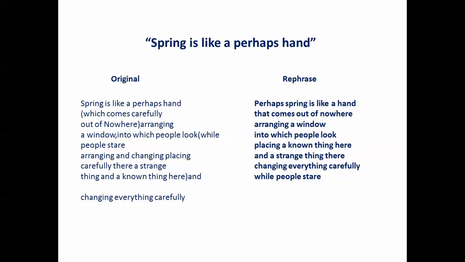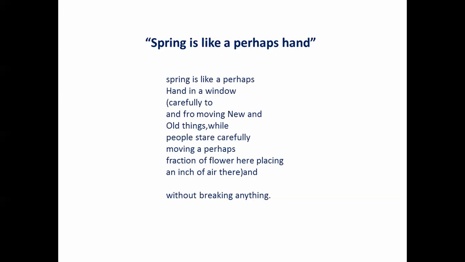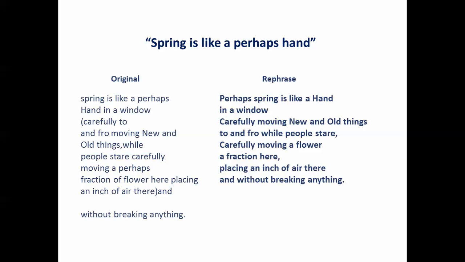Let's take another look at the second stanza. Spring is like a perhaps hand in a window, carefully to and fro moving new and old things, while people stare carefully, moving a perhaps fraction of flower here, placing an inch of air there, and without breaking anything. Okay, let's adopt a more conventional word order.